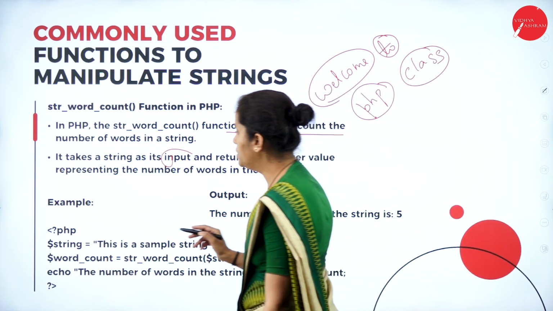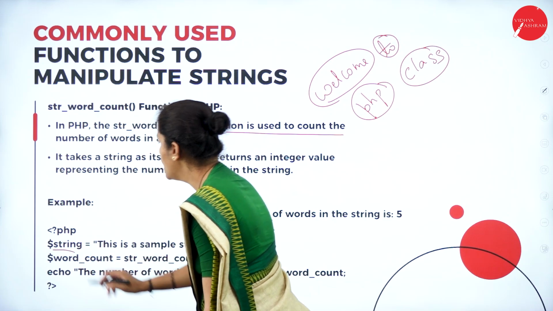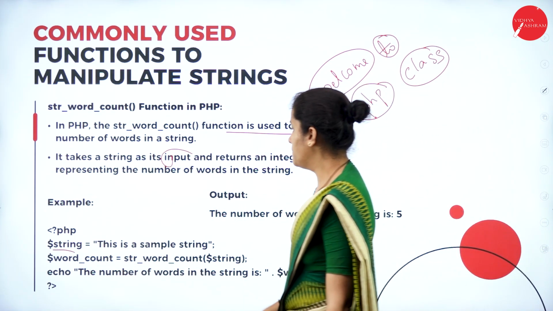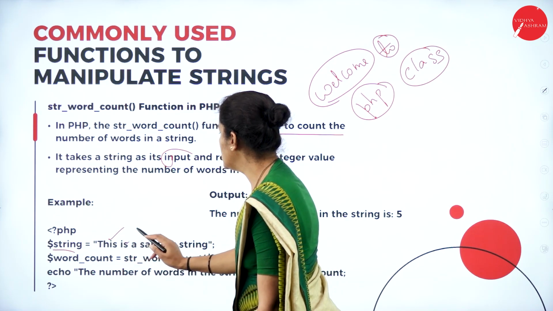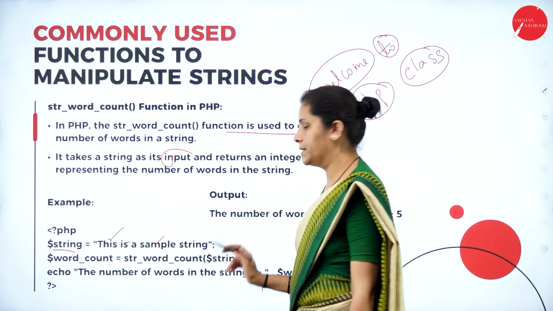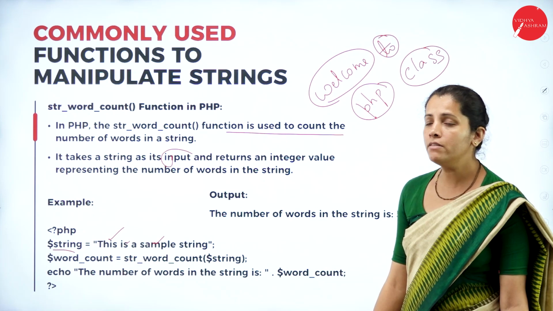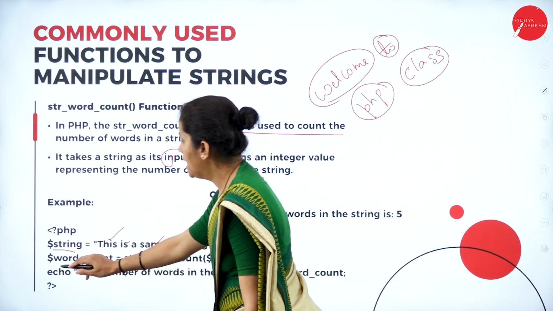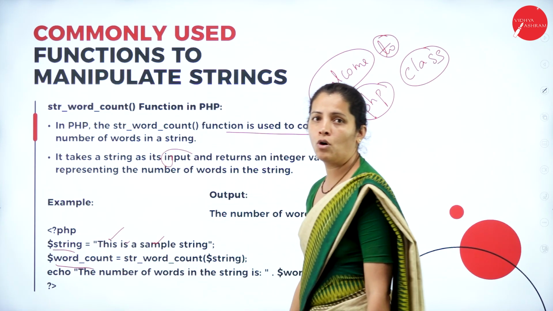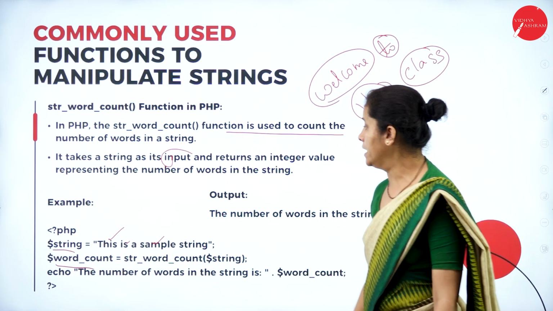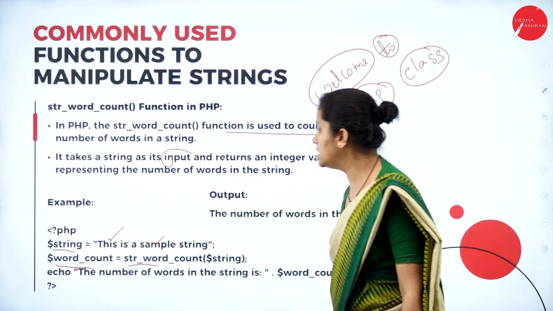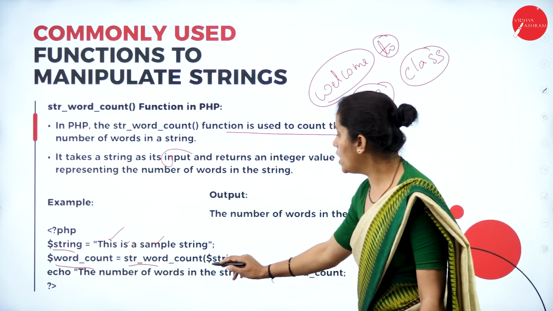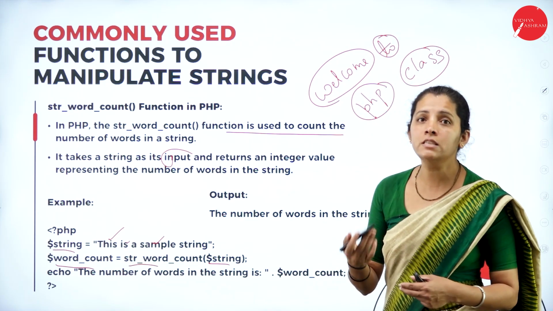Let me consider an example here. I have the string variable, and what I'm writing here is: this is a sample string. So how many words do I have? Five words. Now I'm considering the variable called word count, and I'm going to call the method str_word_count, passing the string.